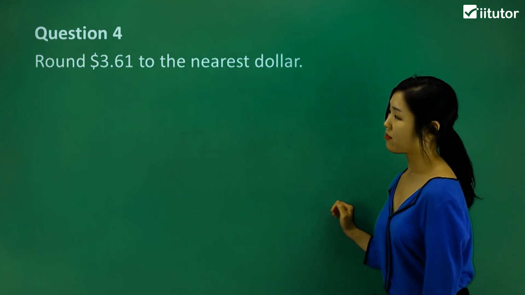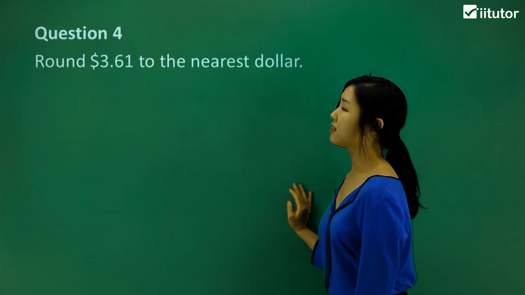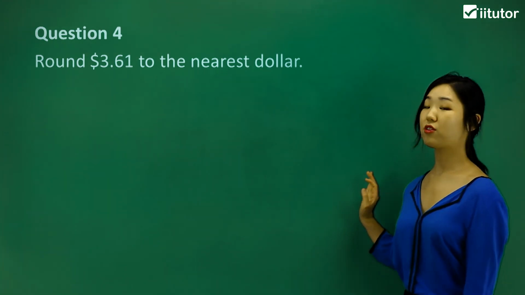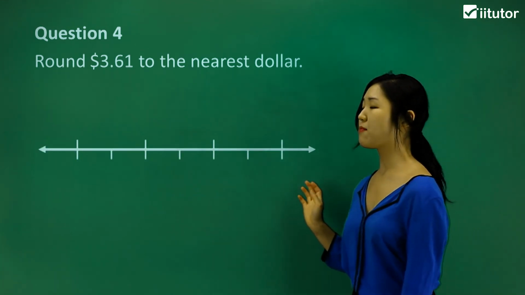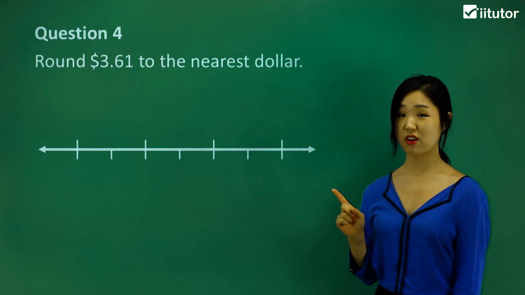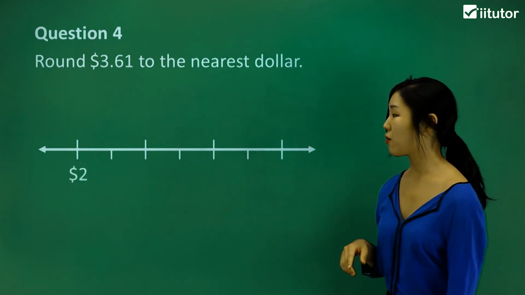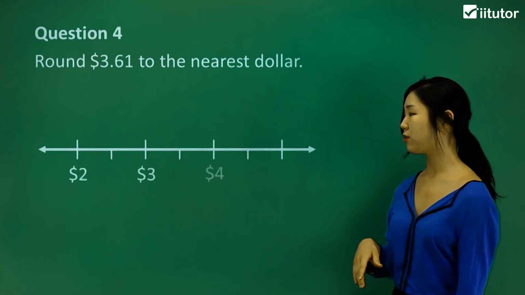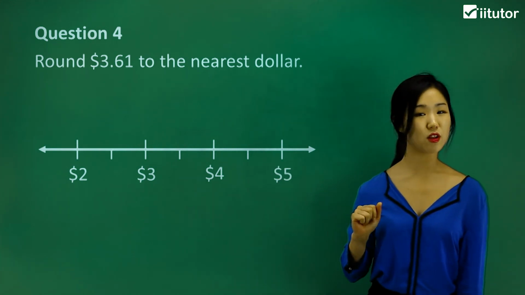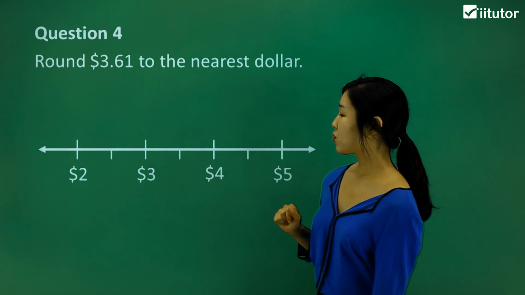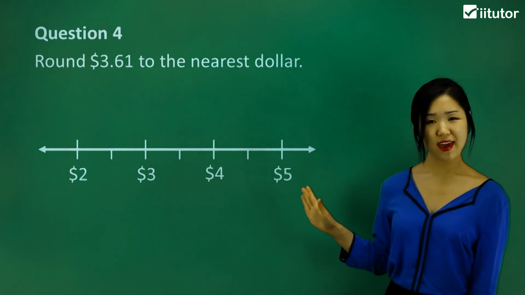Okay, let's look at question 4. Round $3.61 to the nearest dollar. So dollars, there's no decimal point. The nearest dollar, yeah? So I'm going to just start with $2, $3, $4, and then $5. So we want to see which dollar it is closer to. Now 3.61, can you guys spot whereabouts it's located?